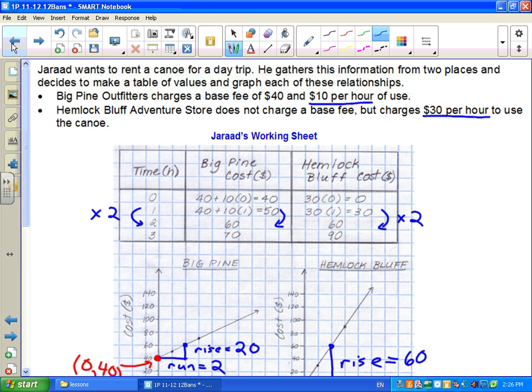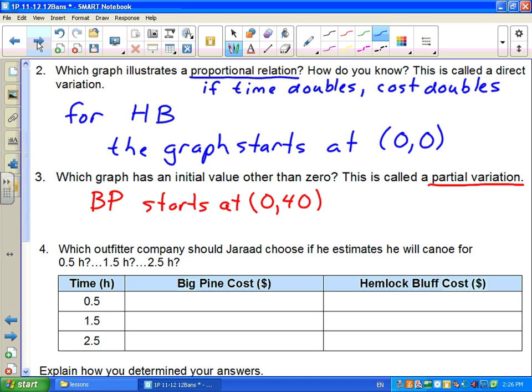Would it come down here at the very end, after 3? It's going to come sort of halfway in here between 0 and 1. So if it's halfway between time of 0 and time of 1, we can just choose a number that's halfway in between the cost. So halfway between 40 and 50 would be a cost of 45.